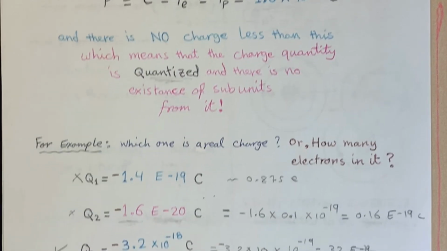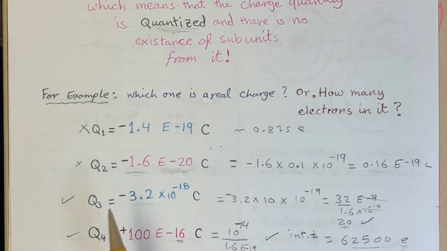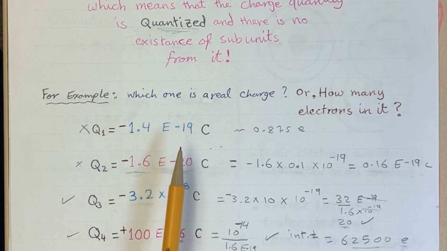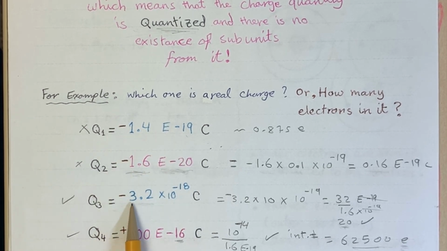What about the third one? It's negative 3.2 times 10 to the negative 18. 10 to the negative 18 is bigger than 10 to the negative 19 by 10 times. And we have negative 3.2. Again, the sign is for electron or proton, negative or positive. Now, to put this as 10 to the negative 19, we multiply it by 10.